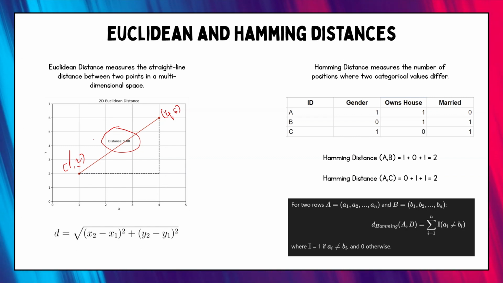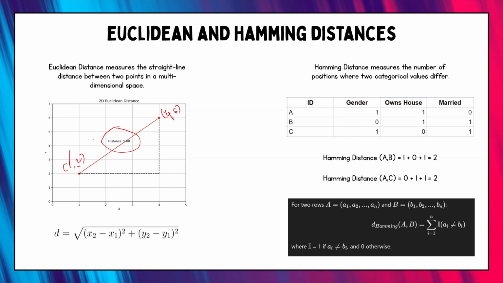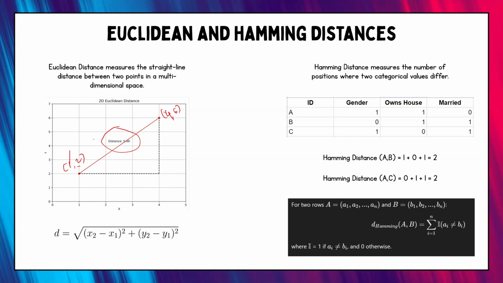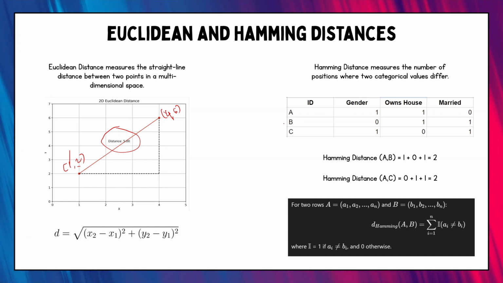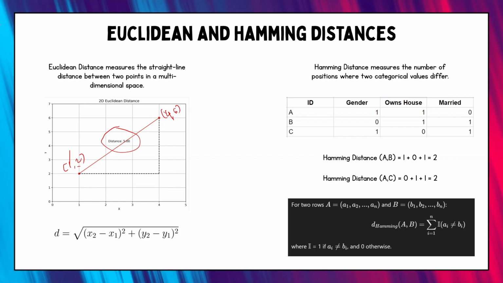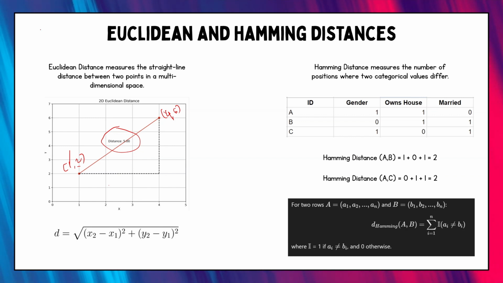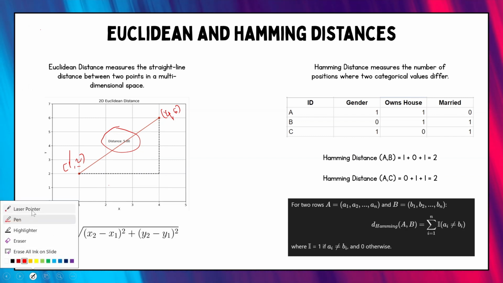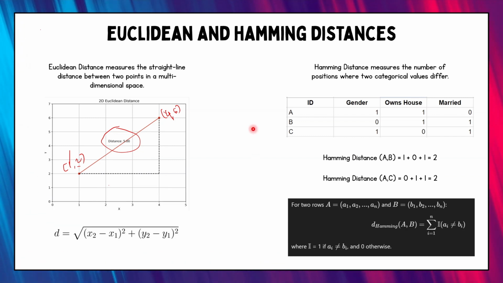But over here, as we can see, in this use case there are 3 rows with us. ID is the primary key. Let me just get the laser pointer.